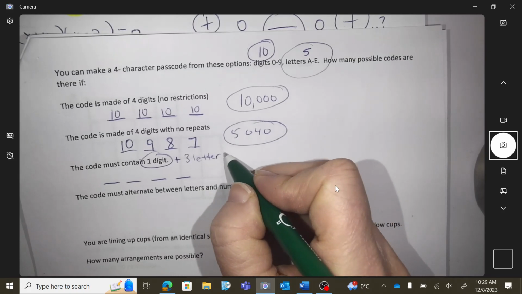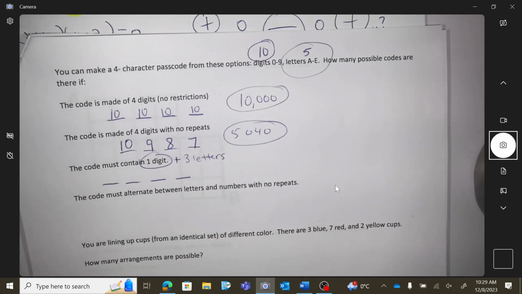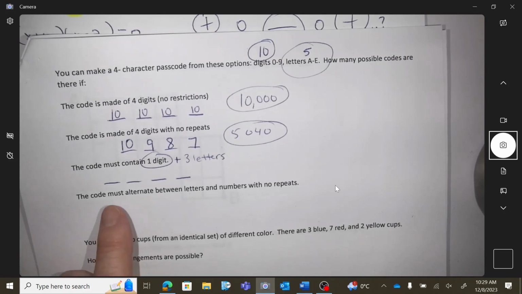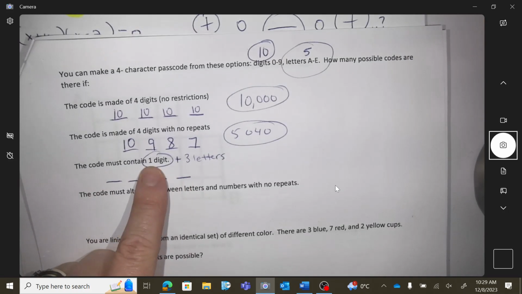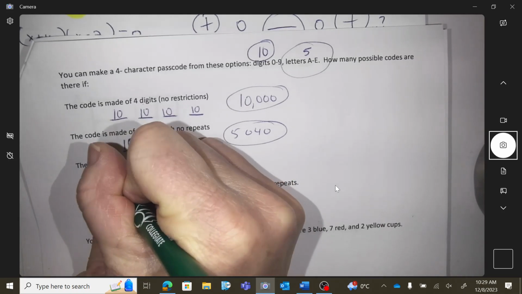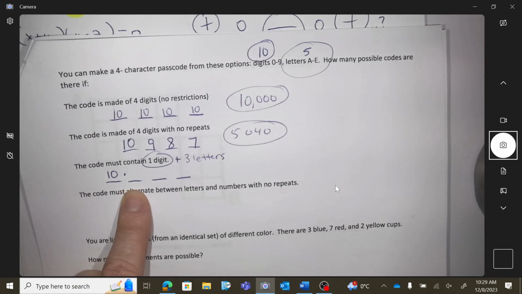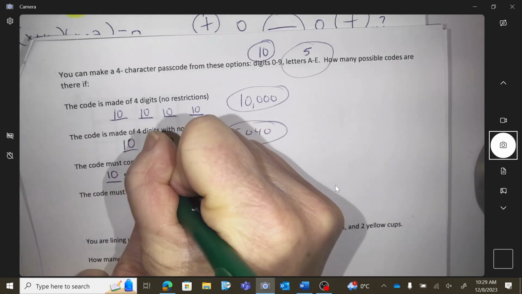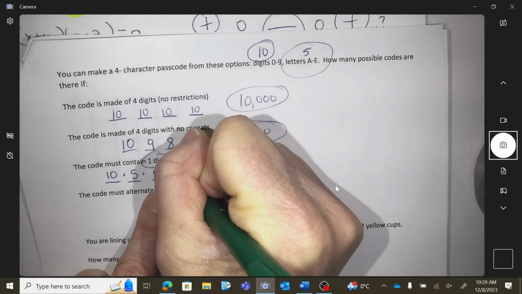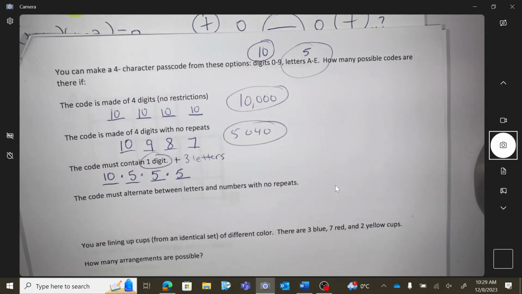You have to have one digit, so then there must be 3 letters in there. Okay, so how many options for a digit do I have? 10 options to have a digit. And I have 5 options for a letter, 5 options for a letter, and 5 options for a letter. Because it doesn't say anything, so I'm assuming I can repeat.